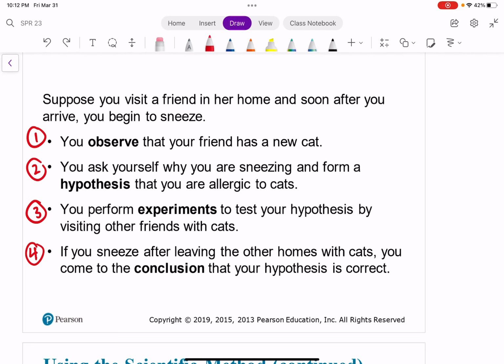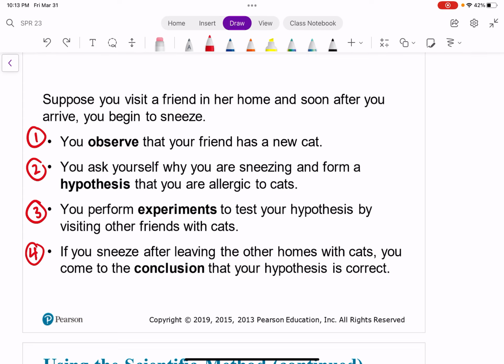So you could also come to the conclusion that you aren't allergic to cats and your hypothesis was not correct. So say you went to all those friends' homes with cats and you weren't sneezing. That's a good indicator that you're not allergic to cats. And that's still really valuable information.